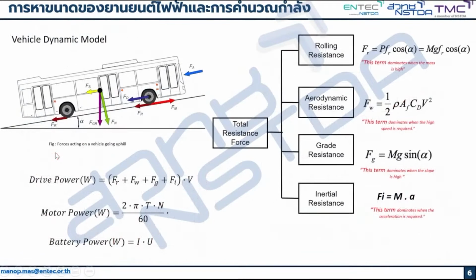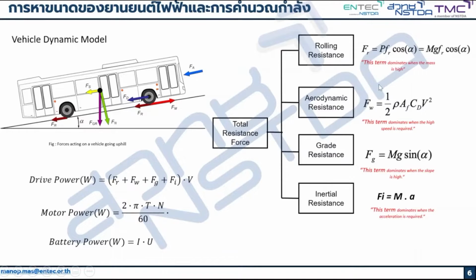How to calculate the power is from this. It comes from rolling resistance, aerodynamic resistance, grade resistance, or inertial resistance.